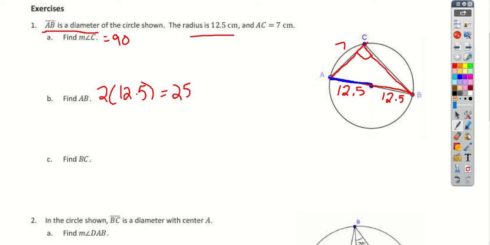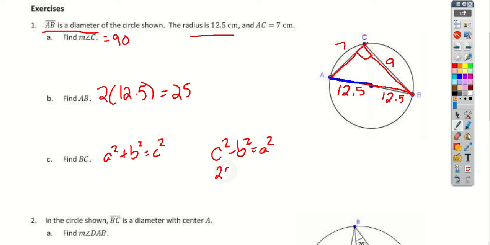That's 25. And BC, we're going to have to use some Pythagorean theorem here. We'll call this side A because it's across from angle A. So we can either use the old A squared plus B squared equals C squared formula, or we can rearrange and do C squared minus B squared is equal to A squared. We're going to use the latter one here.